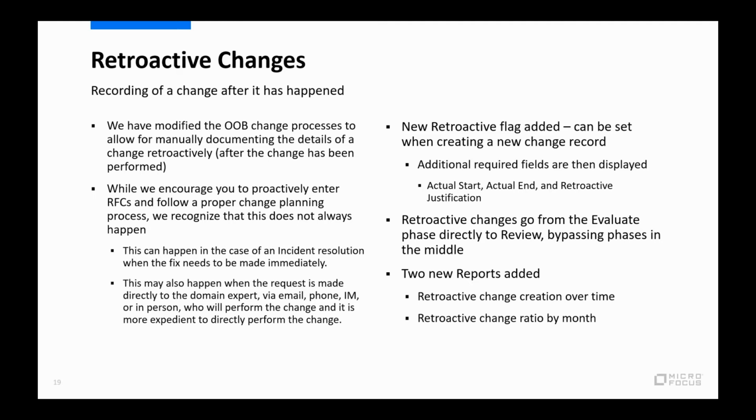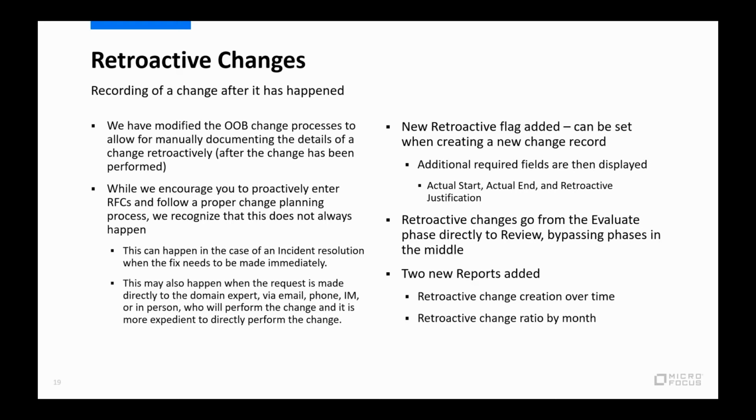So you make the fix, but we want you to go back and record what you did so that we have a record of it, and we can relate it to the incident. If an issue happens because of that, we can link the new issue that comes in to that change as well. Much better for tracking.